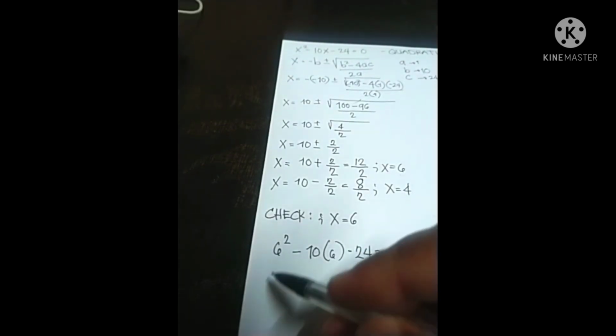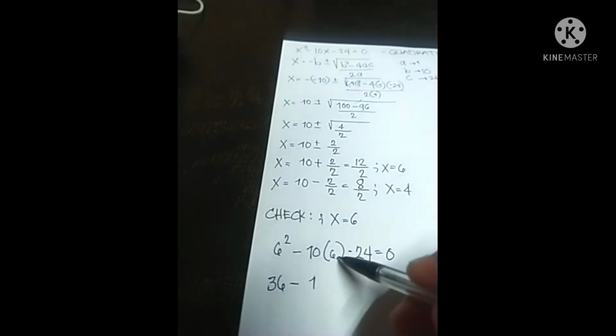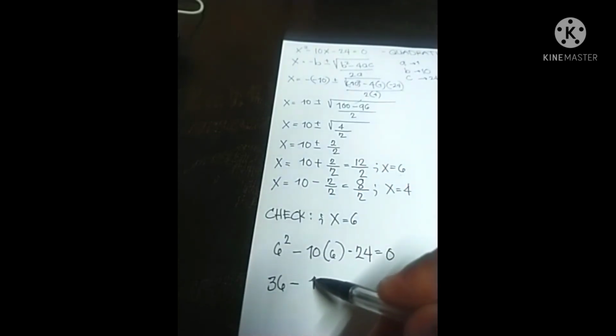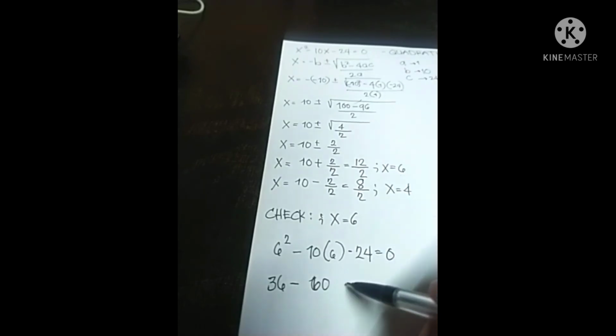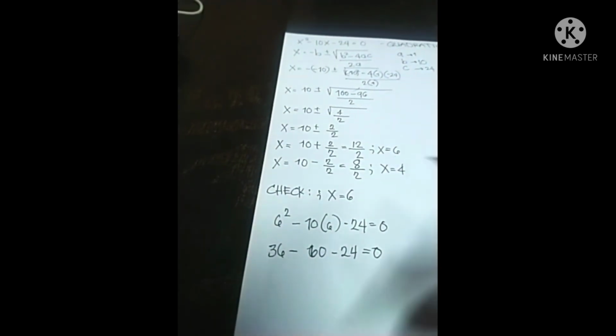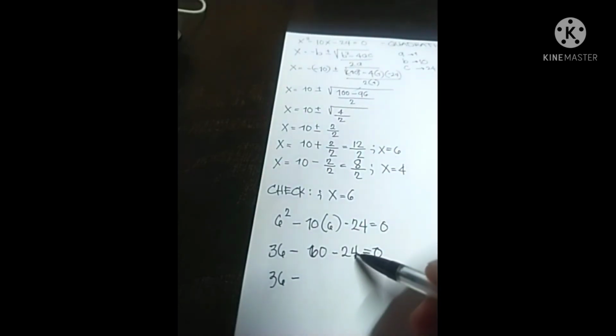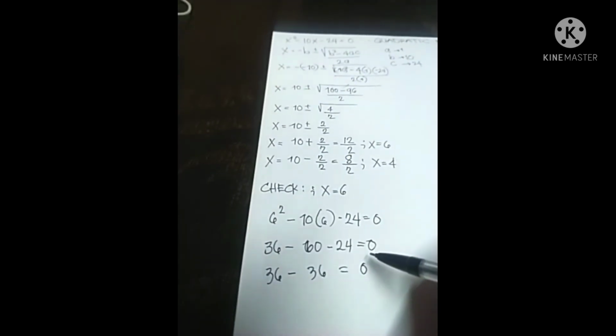So 6 squared is 36 minus 10 times 6, which is 60, minus 24 is equals to 0. 36 minus 60 minus 24 is 36 is equals to 0.